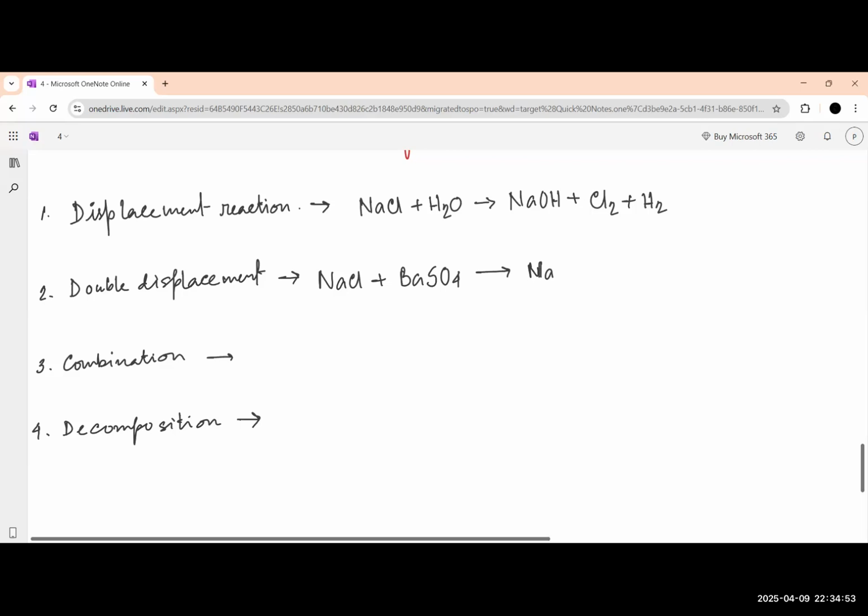What is the valency of sulfate? I don't remember. What is the formula for sulfuric acid? H2SO4. What is the valency for hydrogen? Valency 1. Then what will be the valency for sulfate?